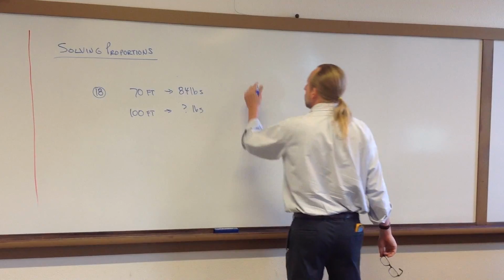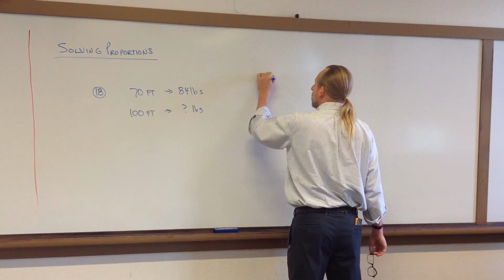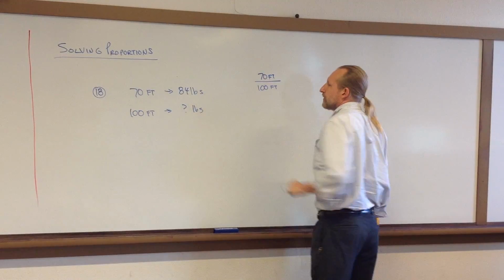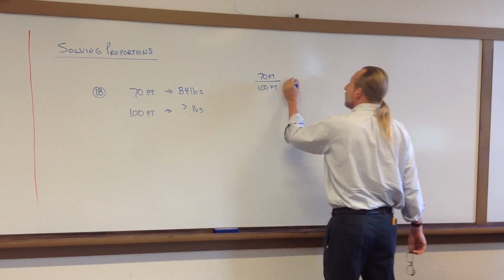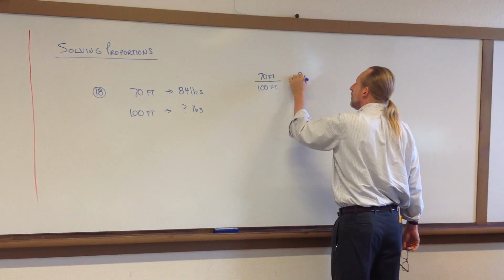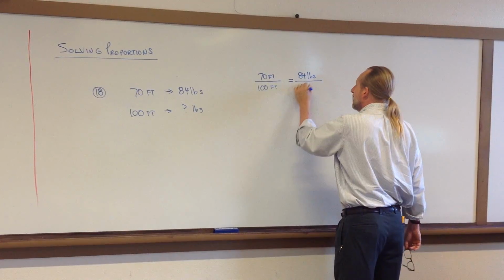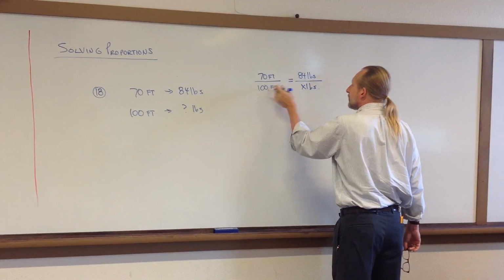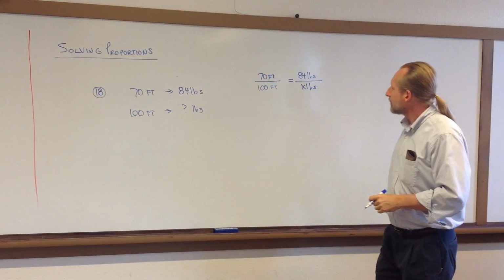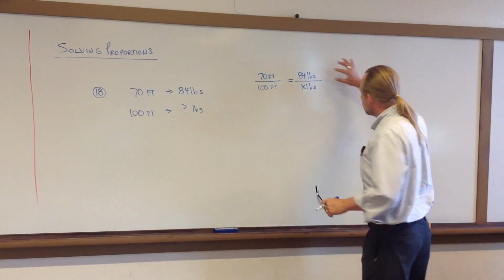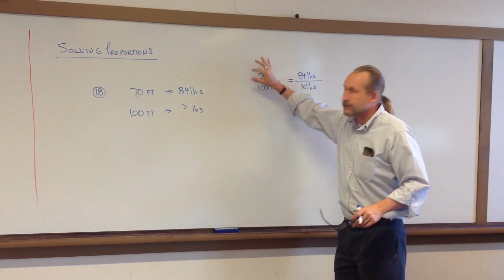One of those is to match the feet up in the same proportion or fraction here. And then we want that to be equal to the 84 pounds for the 70 feet, and then x pounds for the 100 feet, because we don't know right off the bat what that's going to turn out to be. Now notice that I matched the 84 up with the 70 feet.